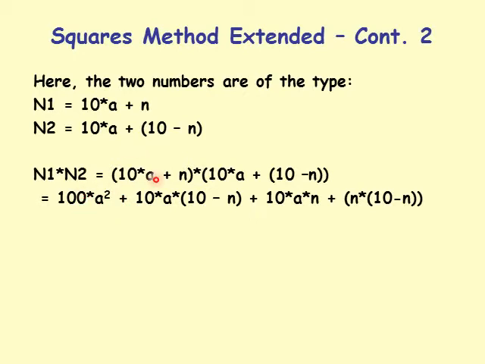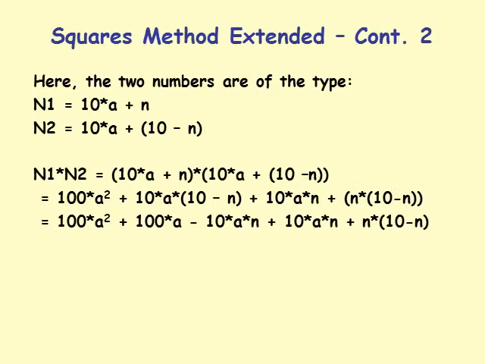I multiply 10a with 10 minus n, which gives 10a times parenthesis 10 minus n, parenthesis closed. Then I start multiplying with n: n times 10a is 10an, and n times 10 minus n is the other term here.